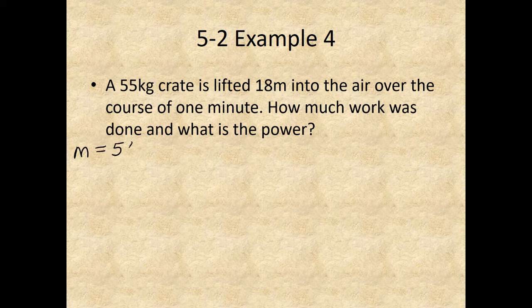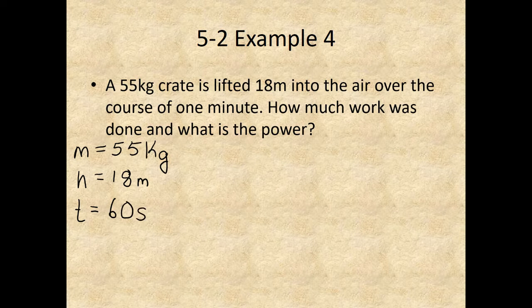Mass, 55 kilograms. Lifted 18 meters into the air. That is the height. Over the course of 1 minute, that's the time. Now, 1 minute, we know that is 60 seconds. So we can kind of do that conversion right away.